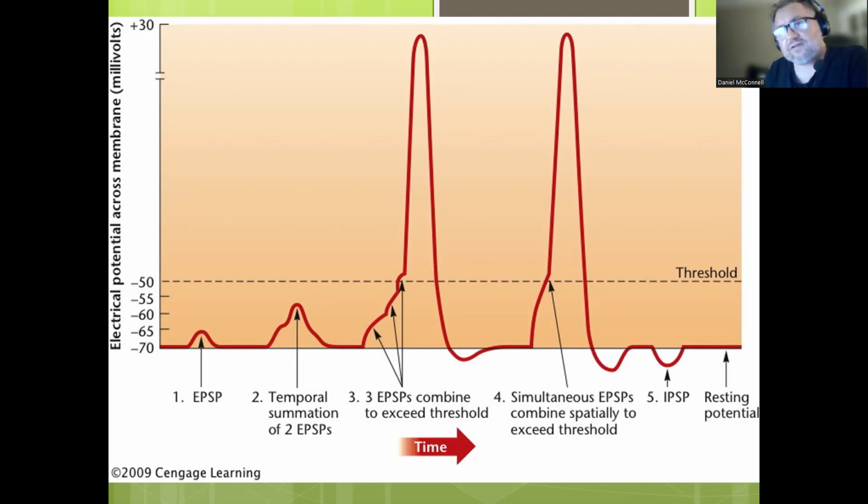So we can still fire this neuron, but we have to have enough graded potentials, either through spatial or temporal summation, to raise the voltage by 30 millivolts instead of just 20, as we had before, right? So when the neuron's at a regular resting state, we have to raise it by 20 millivolts to cross that threshold. But when we are in an inhibited state because of an IPSP, now maybe we have to raise it by 30 millivolts, which means we have to have a stronger stimulus.